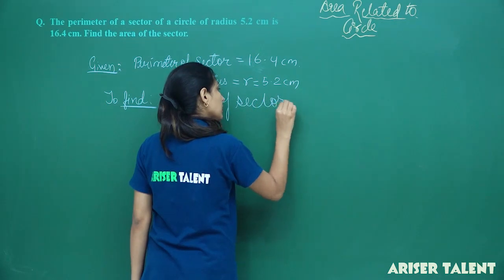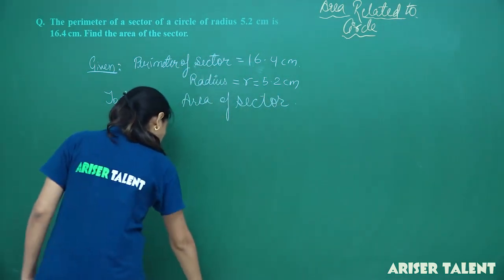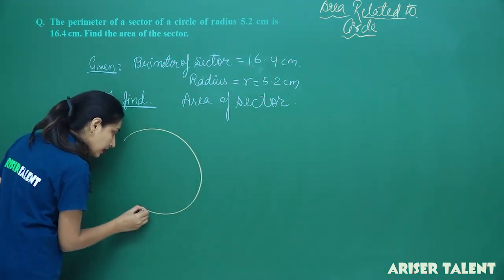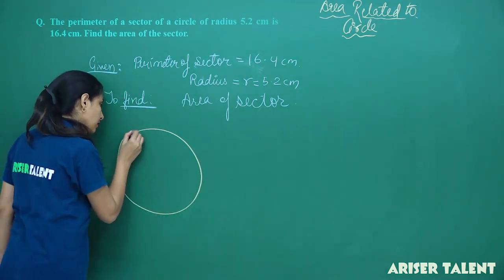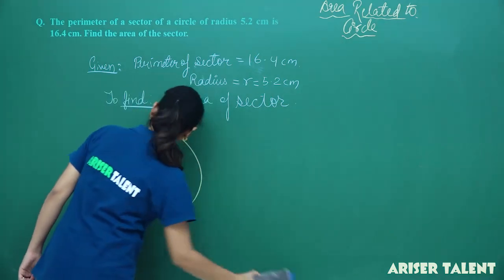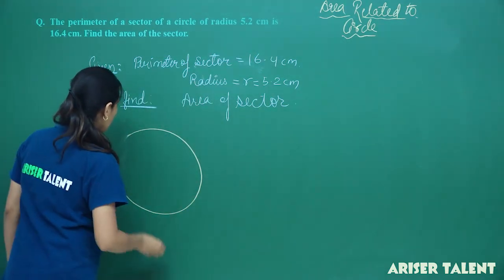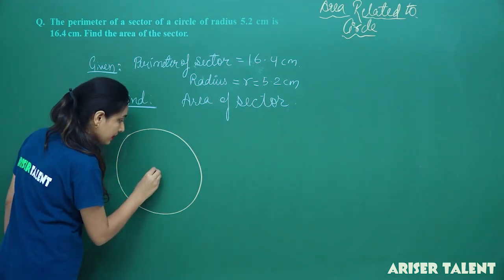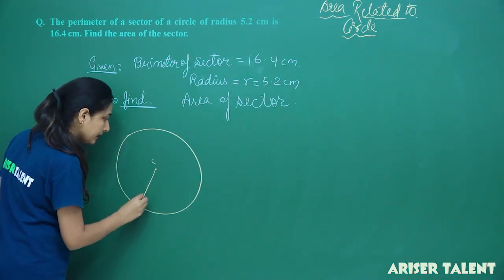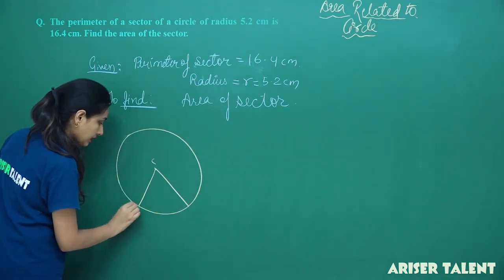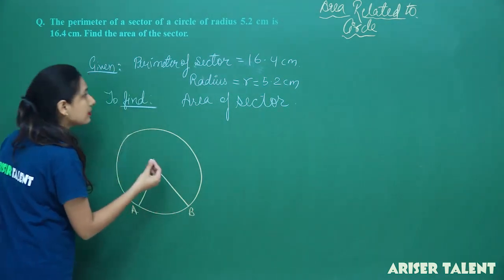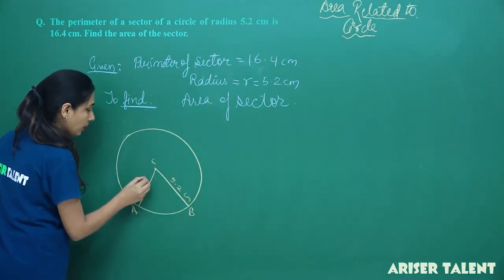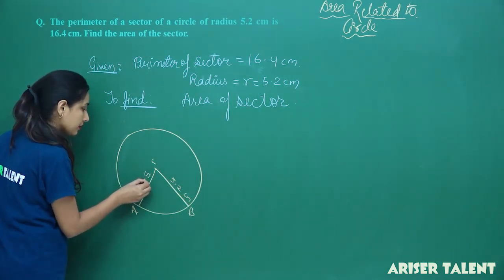Now students, just know the background of this question. We are having this circle. In this circle, I am having a center O, and from this center O, I am having two radii cutting the circle at A and B, and this radius is given 5.2 centimeter, so that will also be 5.2 centimeter.